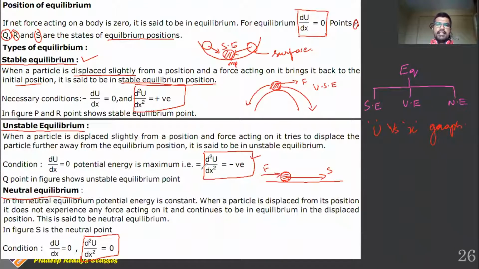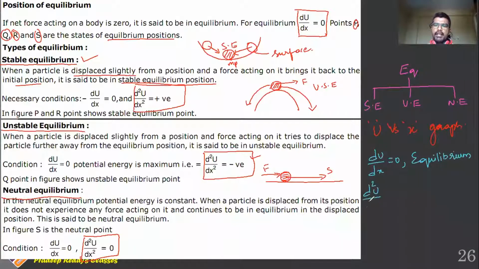Right? So these are the conditions you need to keep in mind when you are dealing with equilibrium conditions. You need to remember du by dx is equal to 0. This is the condition for equilibrium. If du by dx is equal to 0, we can tell that the system is in equilibrium position.